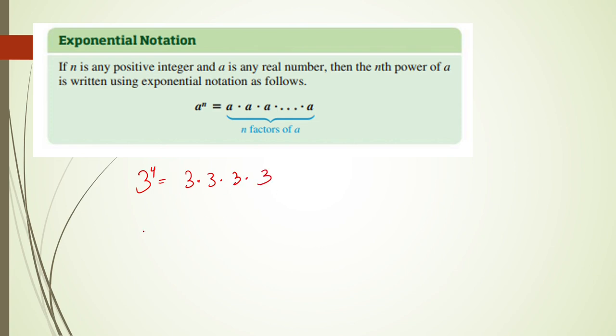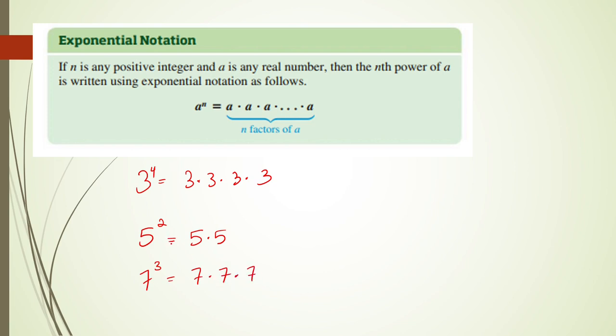If I have 5 to the 2nd power, or 5 squared, this is equivalent to 5 times 5. 7 cubed, or 7 to the 3rd power, is equivalent to 7 times 7 times 7, 3 times.